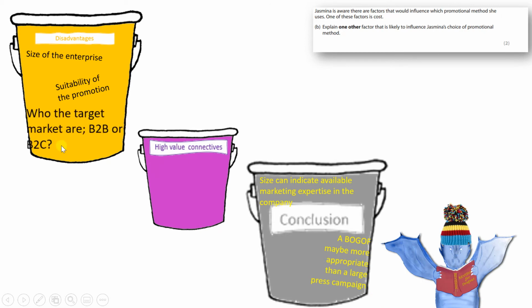And a final one to consider would be who the target market actually are. Now remember, the question talks about Jasmina wants to aim for business customers. So how do B2B customers react? How do B2C customers? B2B is when she's going for the business customers. B2C is when she's the business and we're the customers, we're the regular people.